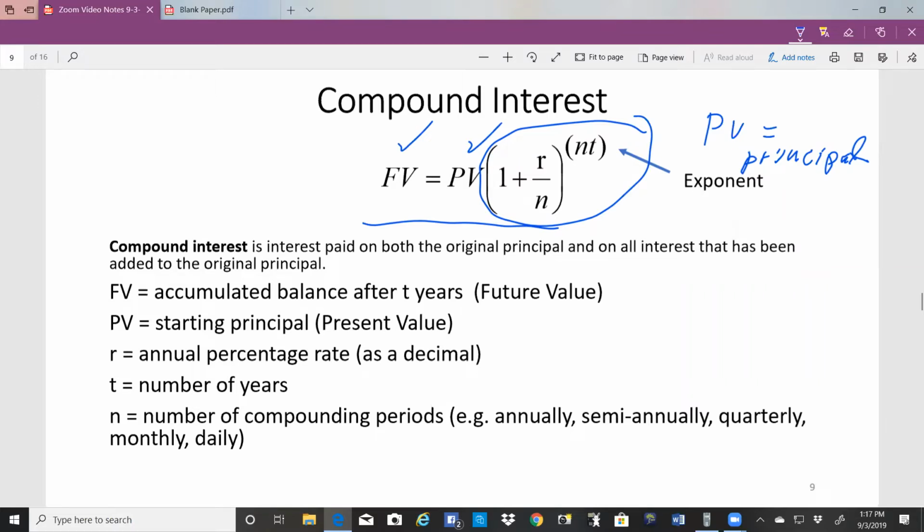And as the account grows, the amount in the account grows, and that's your future value at any time. And you already know what all of these are. You've got to remember that N is the number of compounding periods. Could be 4, 2, 1, monthly would be 12, daily, I can't remember whether it's 365 or 366. Depends on whether it's a leap year, right?